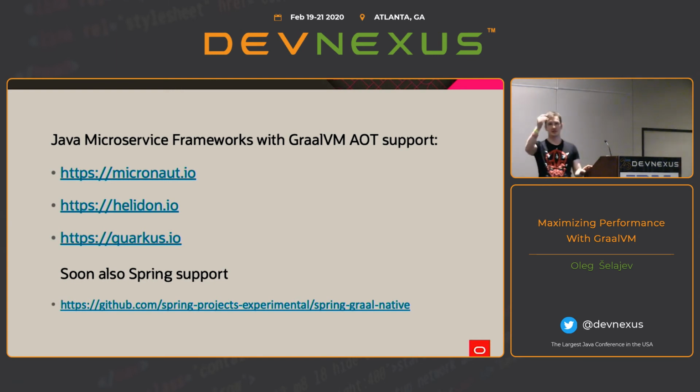This is the example that Burr Sutter showed at the keynote yesterday, where he compiled this balloon game and then used that. There's Spring Boot support incoming. We're working with the Pivotal team, and Pivotal team works on that, and GraalVM team works on that to enable that. There was a question.